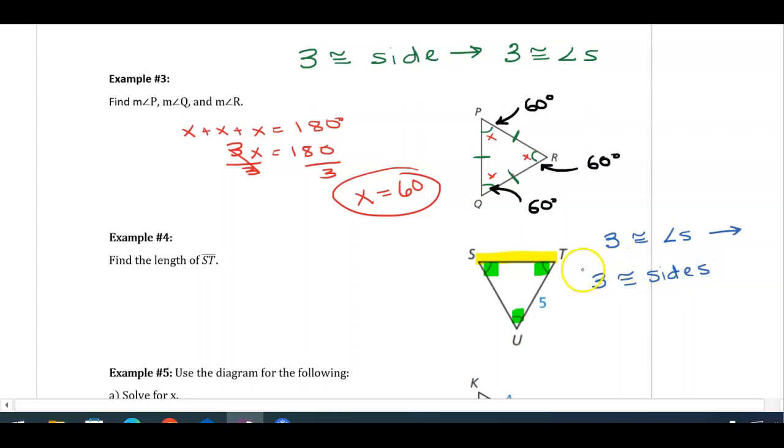So because this triangle has all three angles the same measure, each one of these sides is the same length. If I know this side is 5, this has to be 5 and this has to be 5 as well. So ST is equal to 5.